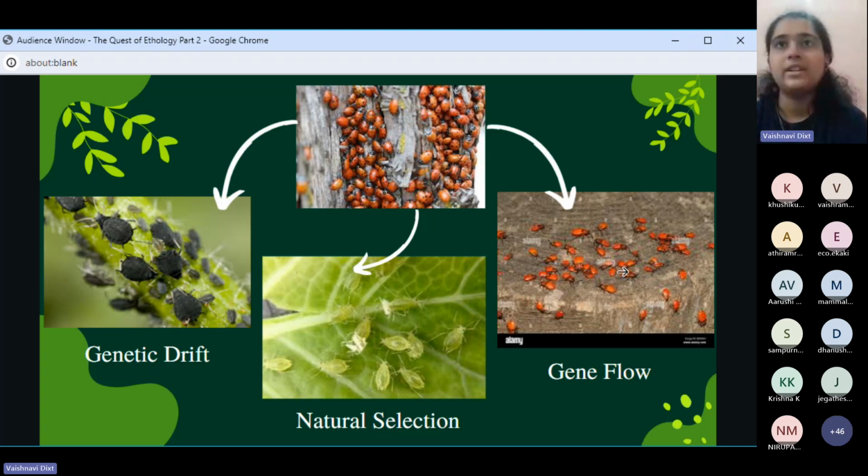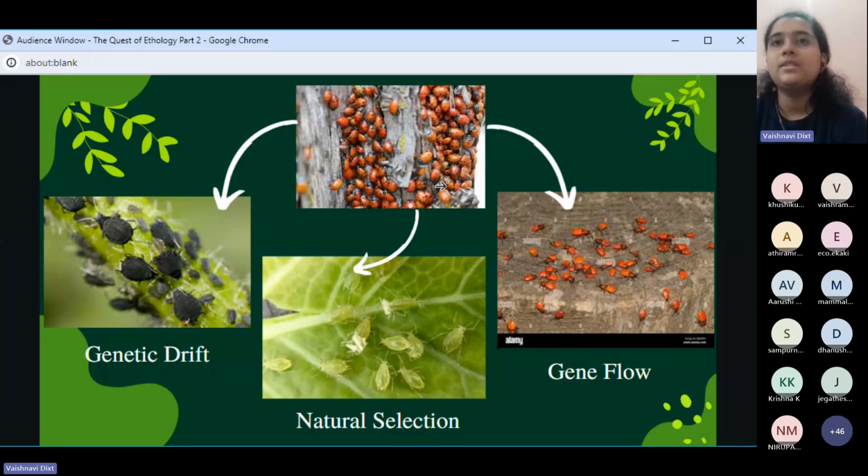Suppose there is a tree which has red colored bugs. Now, accidentally, because of a mutation, suppose there happens to be a green colored bug born in that population, or suppose some of the population happens to be green colored because of a mutation.